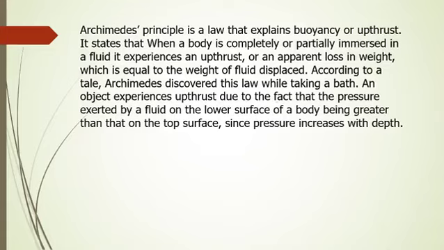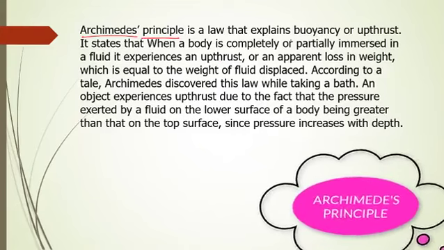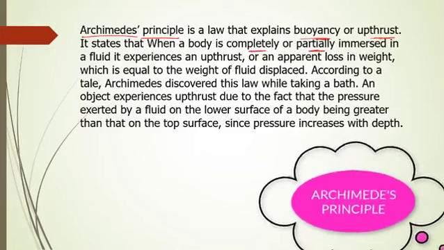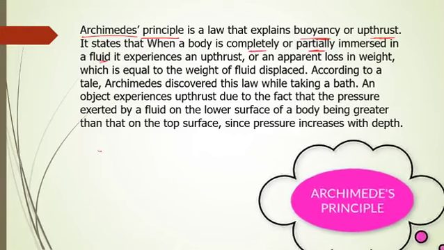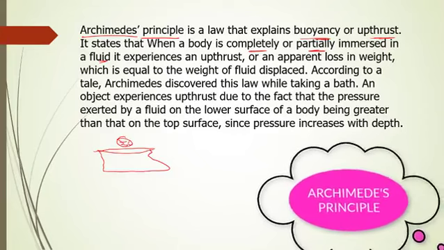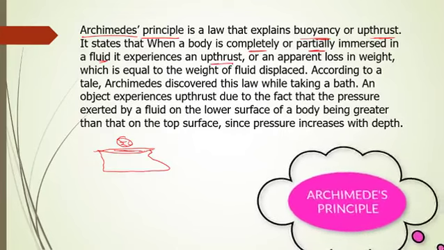Another person that made huge strides when it comes to density and pressure is a man we know as Archimedes. He propounded a principle known as Archimedes' principle. Archimedes' principle is a law that explains the phenomenon of buoyancy and upthrust. Archimedes' principle states that when a body is completely or partially immersed in a fluid, for instance, let's say this is a bowl of water, and a body is partially or totally immersed inside this fluid, that body experiences what we call an upthrust.